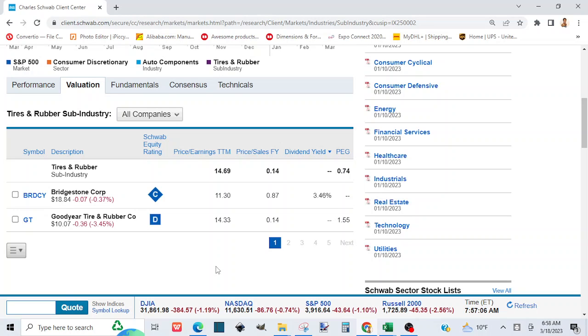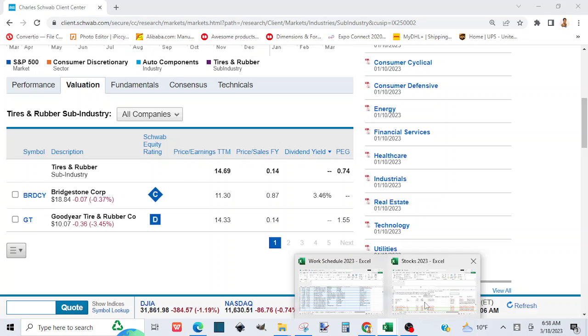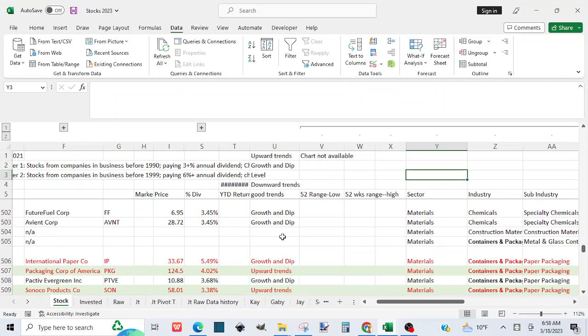3.46%. So when you get to this point, you need to set some parameter for yourself. For instance, you can choose the minimum dividend rates that you are okay with to invest in that company's stock.